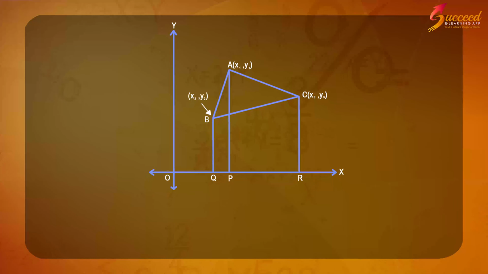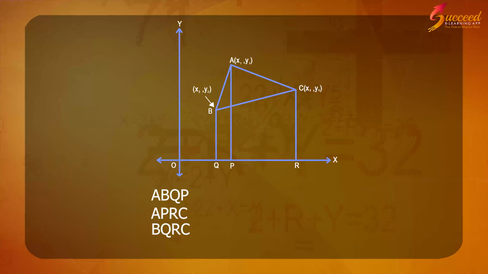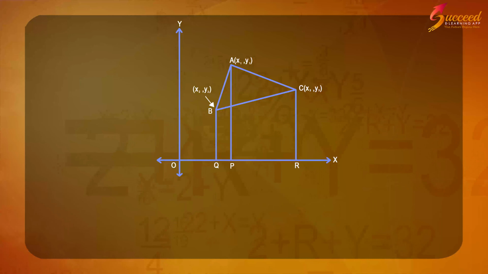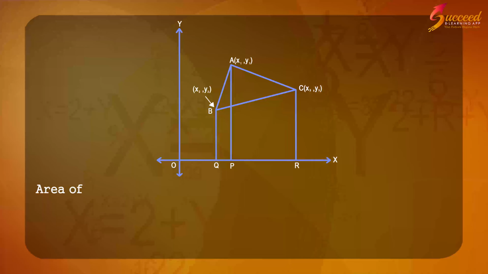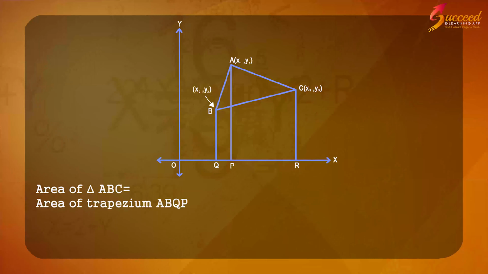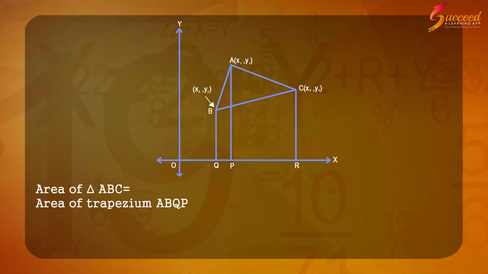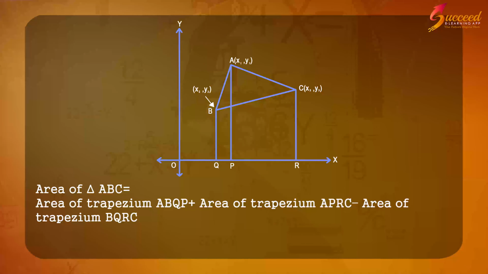Now we have ABQP, APRC and BQRC, which are all trapezia. From the diagram, it is clear that area of triangle ABC is equal to area of trapezium ABQP plus area of trapezium APRC minus area of trapezium BQRC.